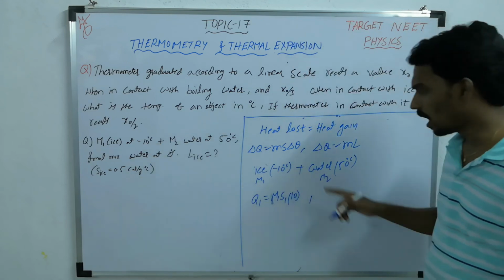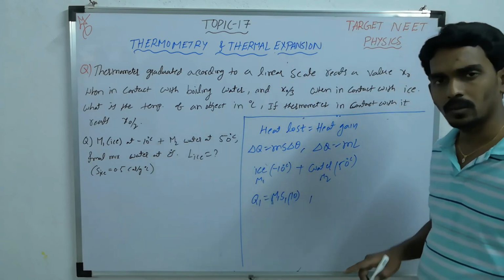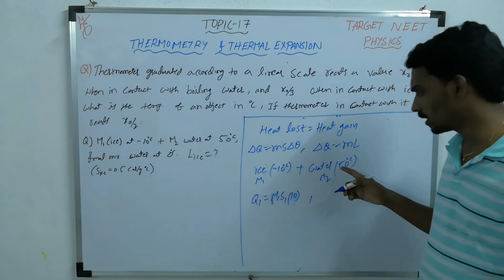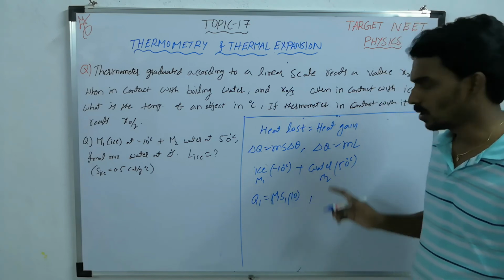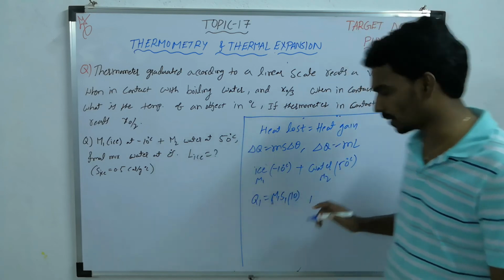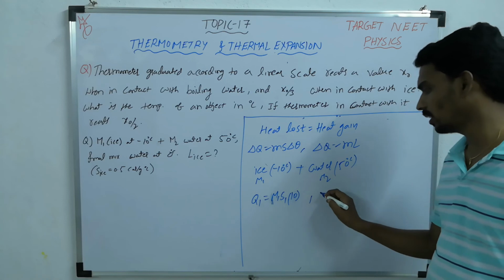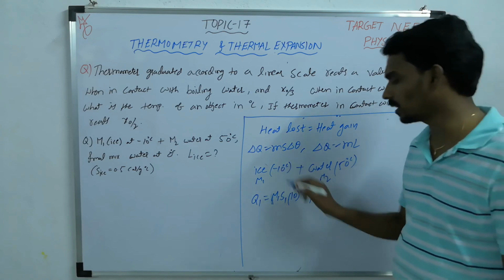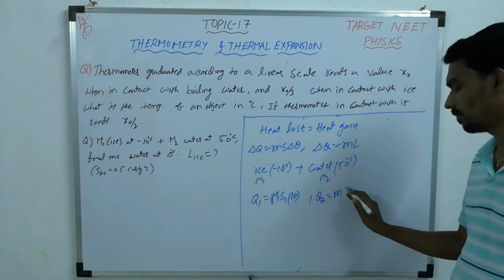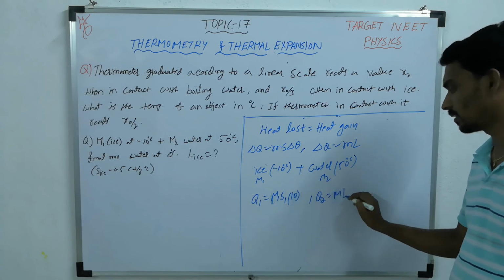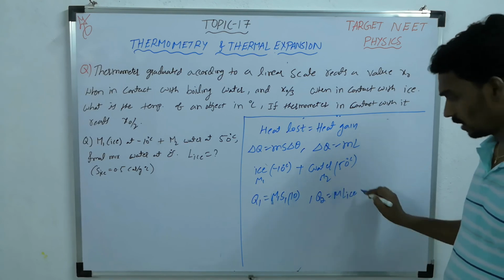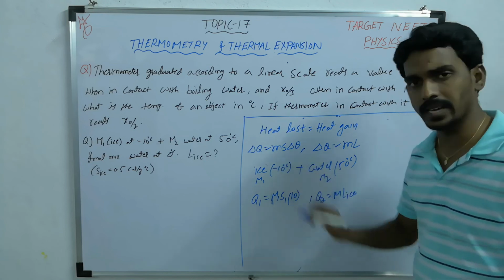Next step, the ice slowly melts, but the final mixture is only water at 0, which means all the ice gets melted. From where did that energy come? The water temperature reduced, so finally the temperature is 0, meaning this temperature reduced to 0. So the heat required to melt the ice at 0 is m L ice. Now this is the total heat gained by ice.